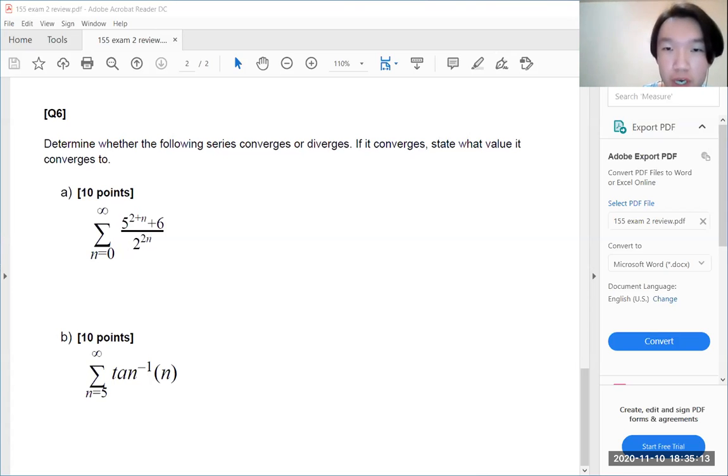So if you do n squared over 4n to the third minus 1, and you take the limit as n goes to infinity, what do you get? Divergent. No, you would get 0 because the degree in the denominator is bigger.